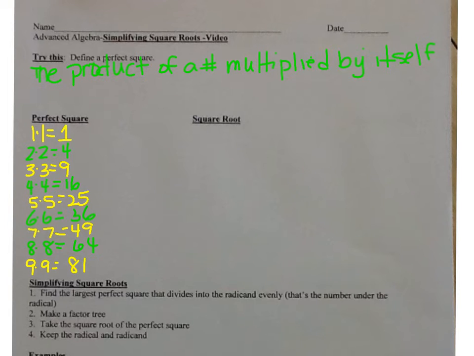And it keeps going, right? 10 times 10 is 100. 11 times 11 is 121. 12 times 12 is 144. And the list can go on and on and on forever.